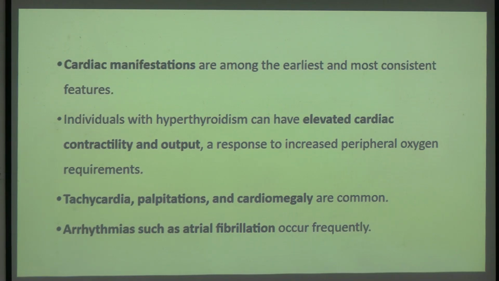Among the earliest and most consistent features are cardiac manifestations. Individuals with hyperthyroidism can have elevated cardiac contractility and output, a response to increased peripheral oxygen requirement. Tachycardia, palpitation, and cardiomegaly are common. Arrhythmias such as atrial fibrillation occur frequently.